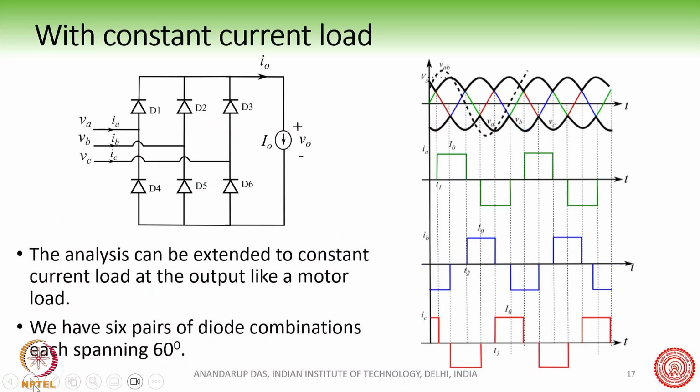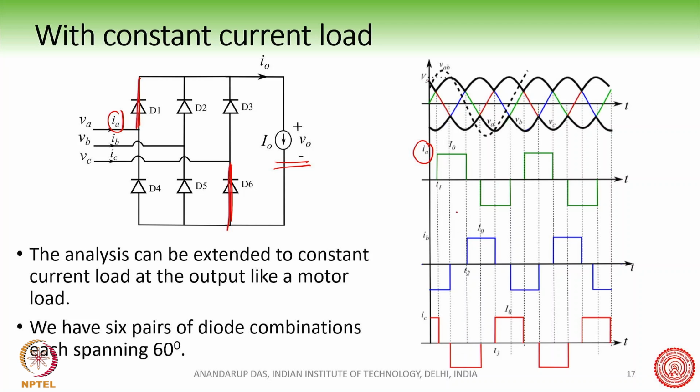Now the other part is the constant current load. With a constant current load, again we can find out the input current. There will always be one pair of diodes conducting.